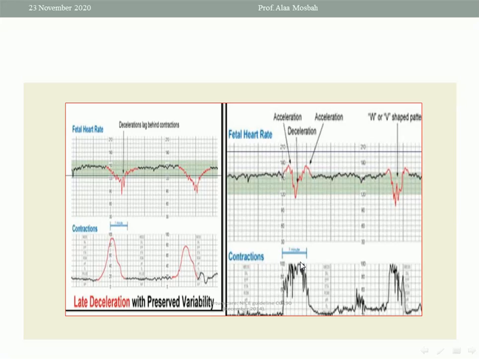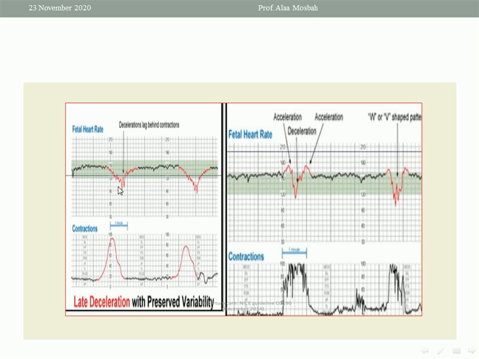Look at this CTG, you can see here the basal fetal heart rate, and you can see deceleration behind contractions. This is a contraction, the deceleration here starts and ends after the contraction, okay.